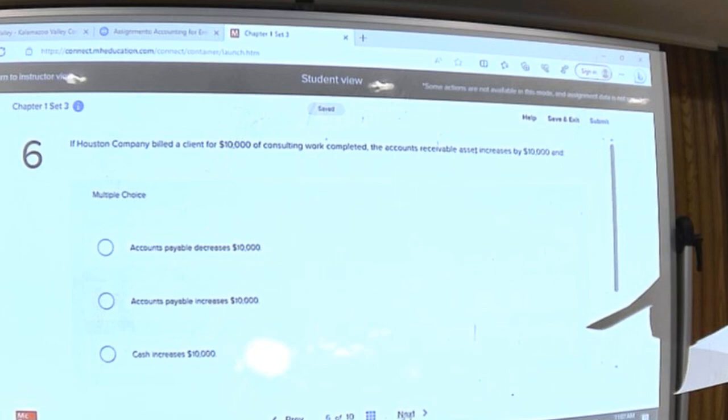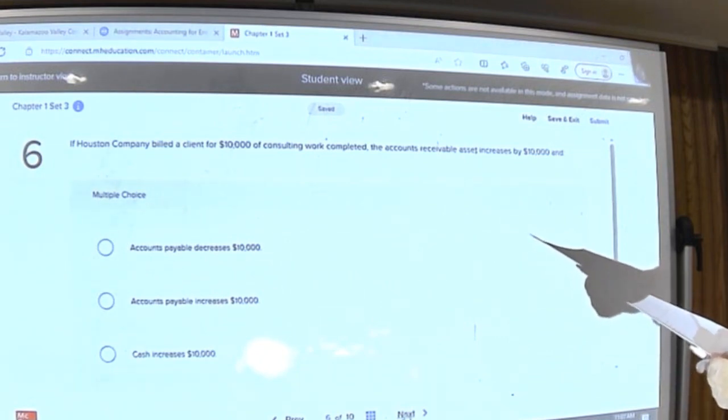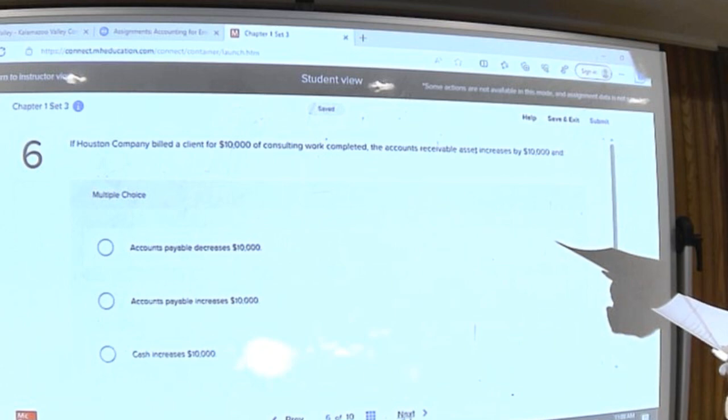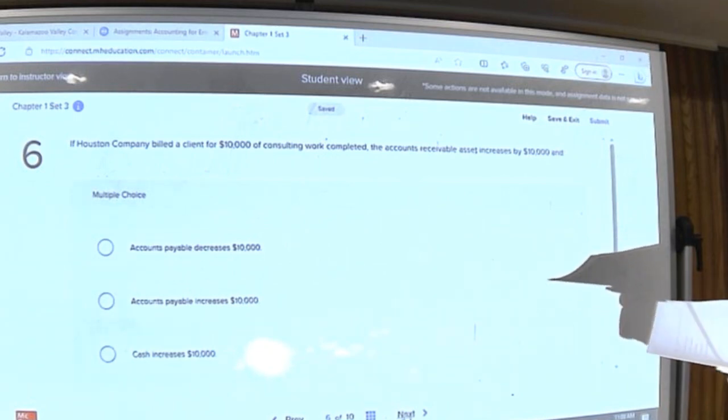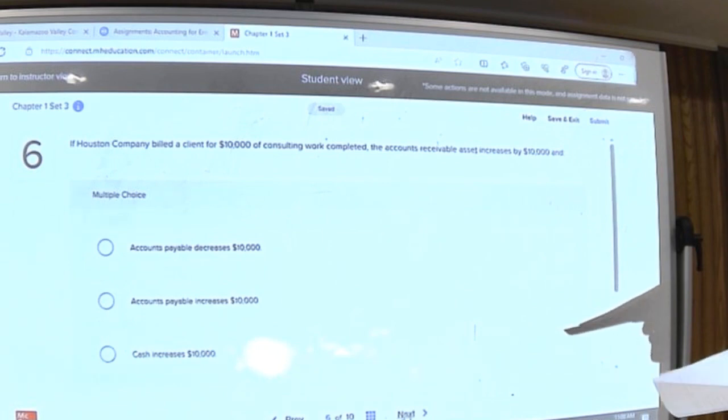So that asset account receivable increases by 10,000. What else happened here? Well, they did some work, and so they had some sales. We'll call it revenue. The other part of that transaction, revenue, increases 10,000.